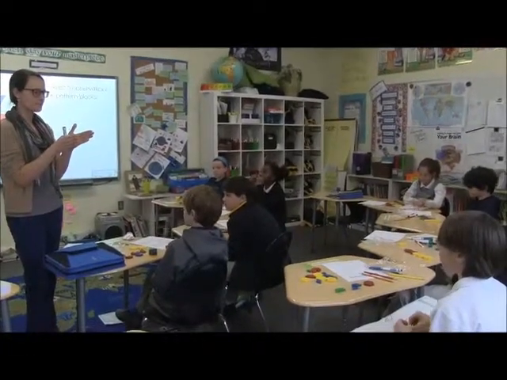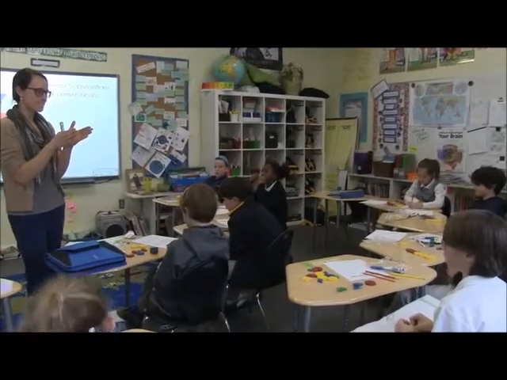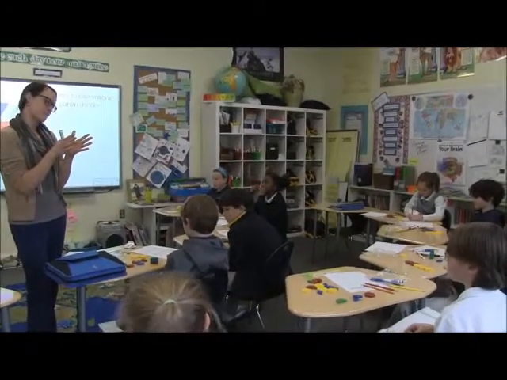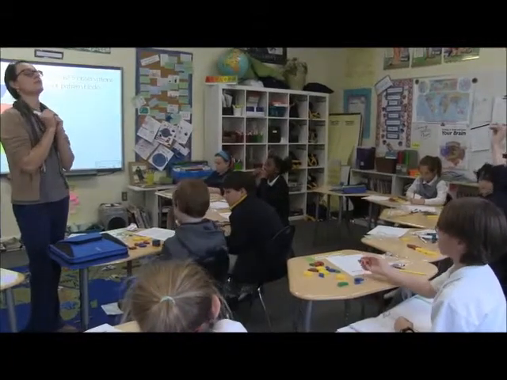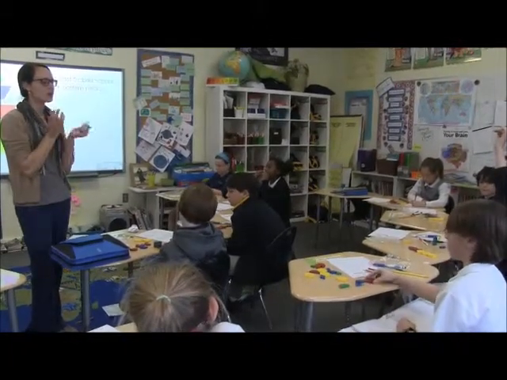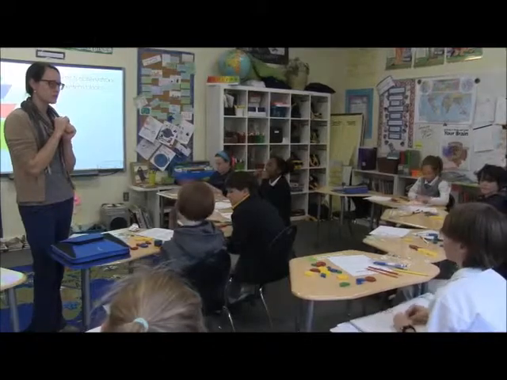Go ahead. For example, if you didn't have one of these, you could use 2 of these to make one of these. Okay, so how does that relate to fractions?